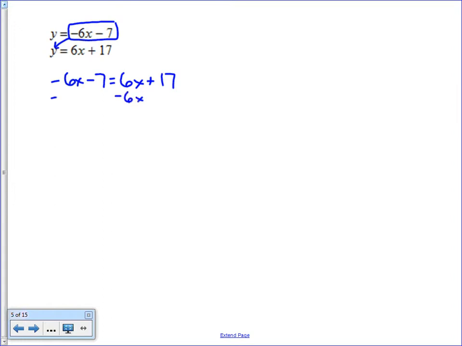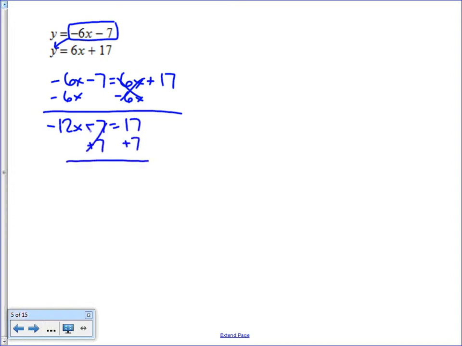So let's subtract 6x on both sides. I get negative 12x minus 7 equals 17. Let's add 7 on both sides. I get negative 12x equals 24. Divide by negative 12. And I will get x equals negative 2.